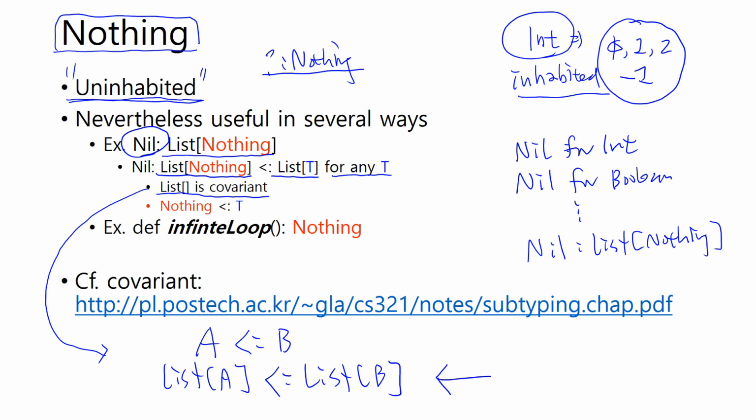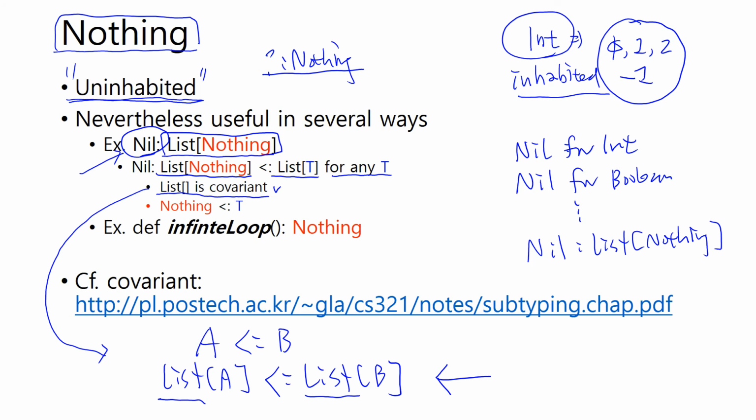So this is the property provided by the particular implementation of list. Because list is covariant, it suffices to provide a single nil of type List[Nothing] to represent the empty list for all types.